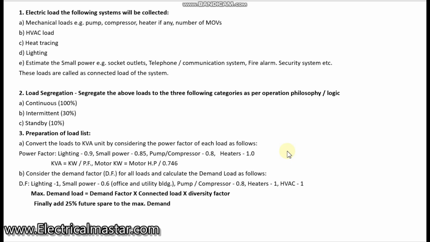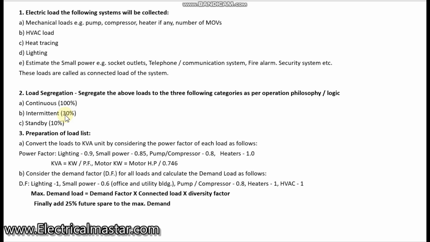Similarly some loads we use only sometimes, that is an intermittent load, which is 30%. For example, intermittent loads like a wall socket or welding socket in the field. That welding socket we will use only during the welding operation, so the rest of the time it will be off. So for those loads you have to consider only 30% of the rated capacity.